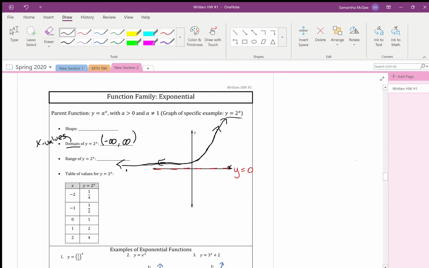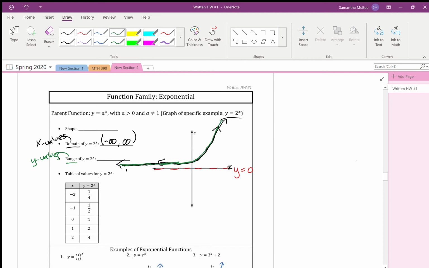Now, I think it gets a little bit more interesting with the range because we start talking about whether or not we need to include values. If we look at our range, in other words our y values or our outputs, we only have graph above the x-axis.